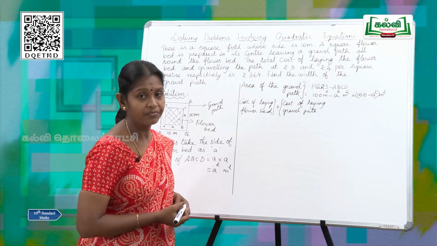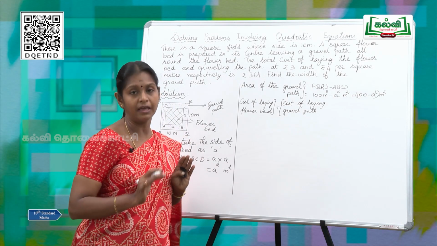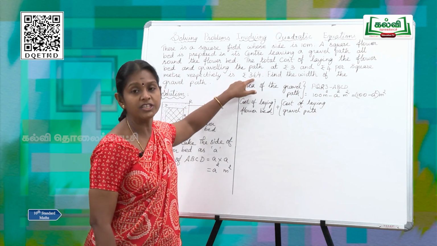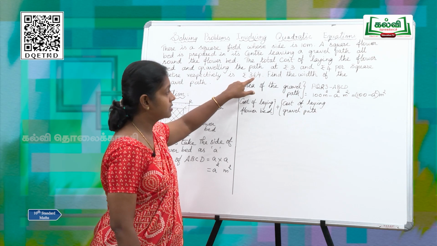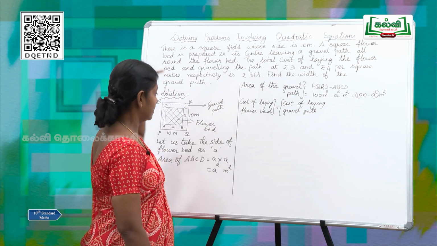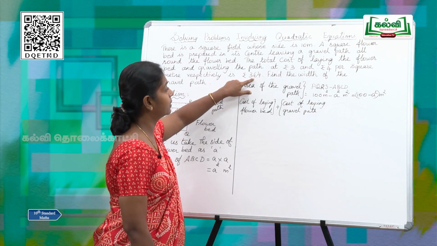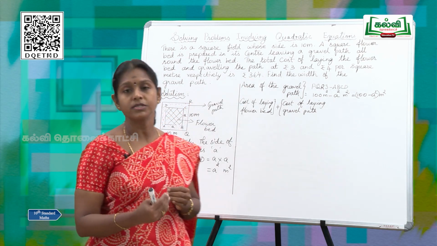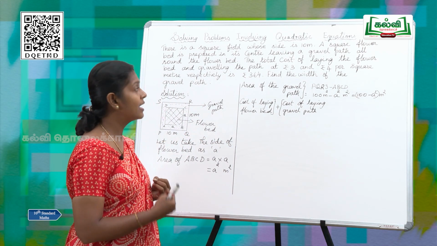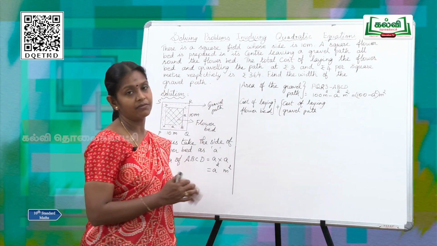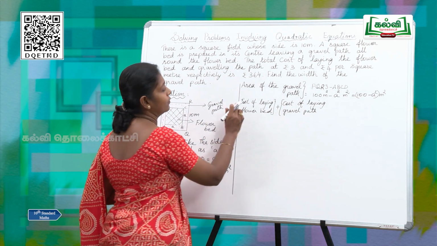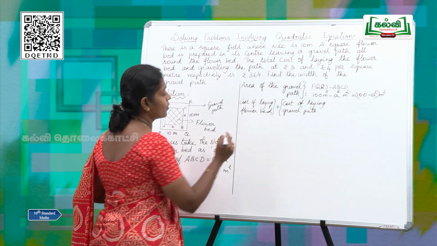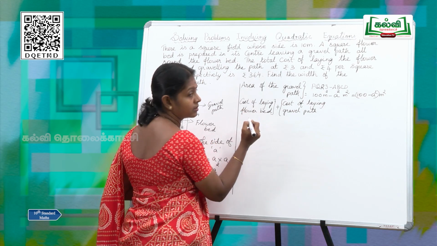Can you understand? Yes. Now, we know only the area. And what clue is given there? The total amount they spent to lay the path and the flower bed is rupees 364. So, first we have to find the cost of laying the flower bed and the cost of laying the gravel path. What is the cost of laying the flower bed? The area of the flower bed is a squared, which should be multiplied with 3.